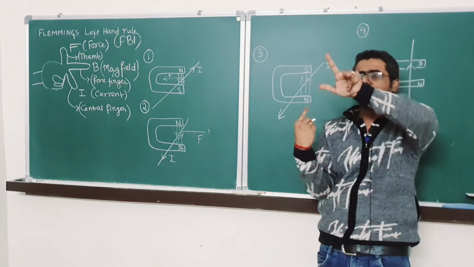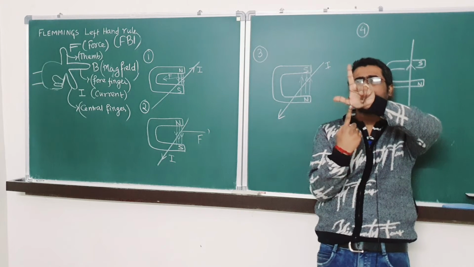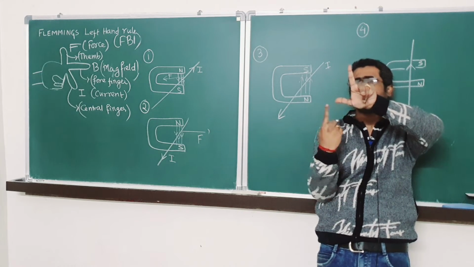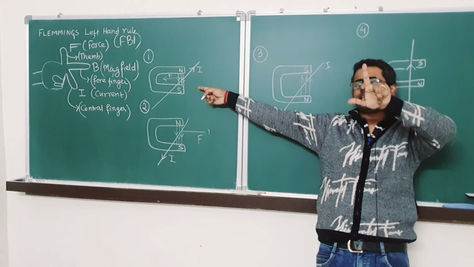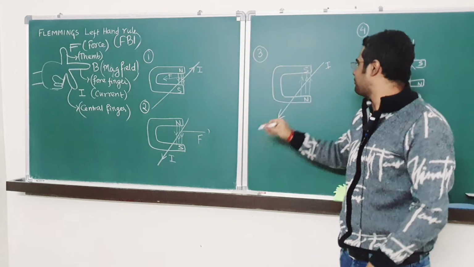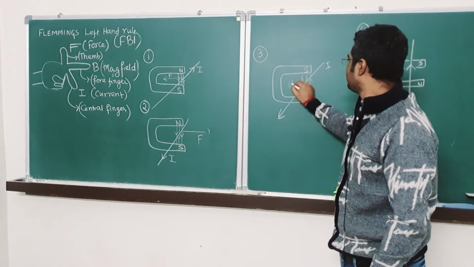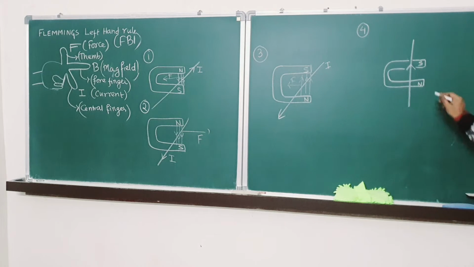My current is going to this side. Correct? And the force? Negative. Now compare with that one. Current direction has changed. Magnetic field direction has changed. Both have cancelled each other. My force direction remains the same.